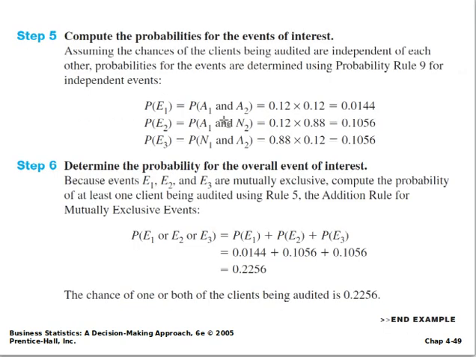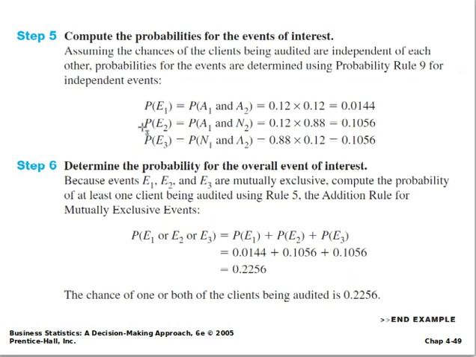Step 5. Compute the probabilities for the events of interest. Assuming the chances of clients being audited are independent of each other, probabilities for the events are determined using probability rule 9 for independent events, where P of E1 equals P of A1 and A2, which is 0.12 times 0.12 or 0.0144.